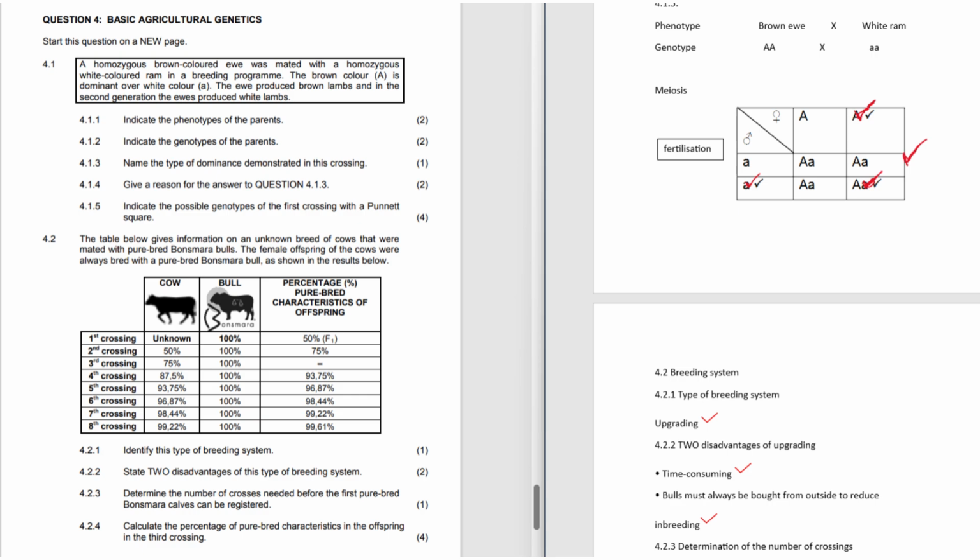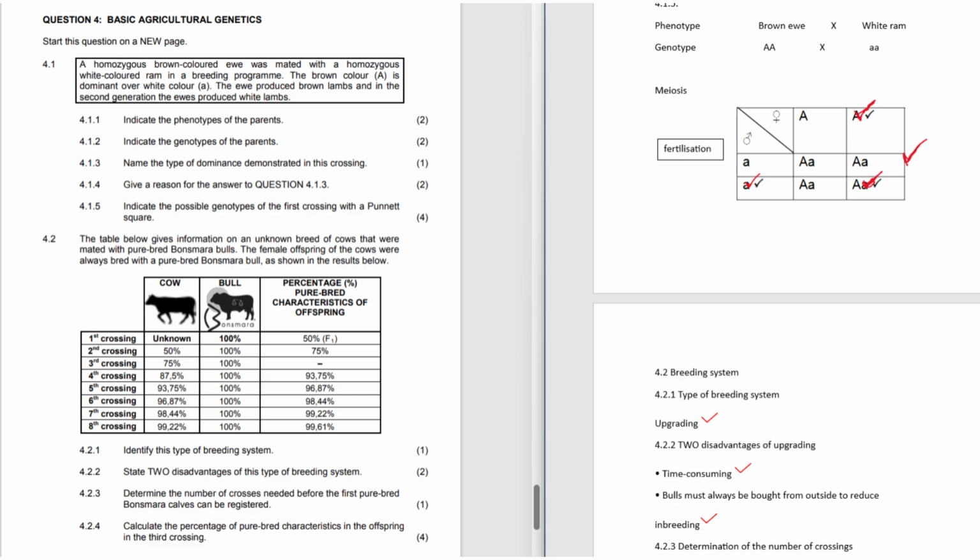Then we take the 4th box: we take 1 dominant allele gamete from the male parent, then we take another recessive allele from the female.